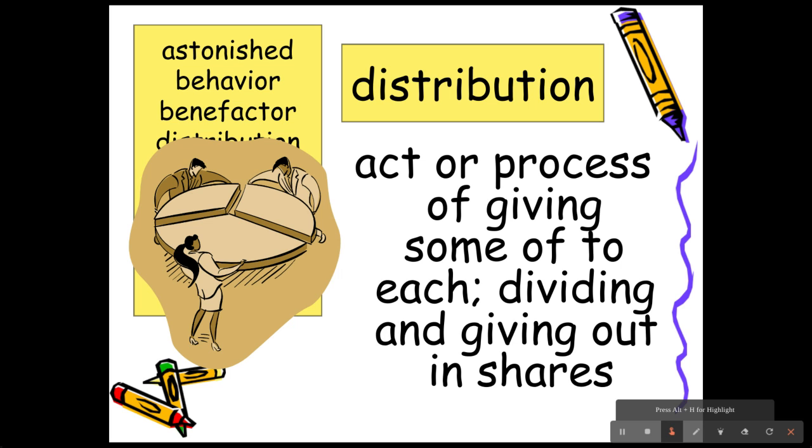So I'll ask students to help me distribute the papers. That's the same word, right? Giving some of the whole group to each. You see this picture? They've taken what's called a pie graph and split it into equal parts, giving some to everyone equally. So equally in shares is distribution.